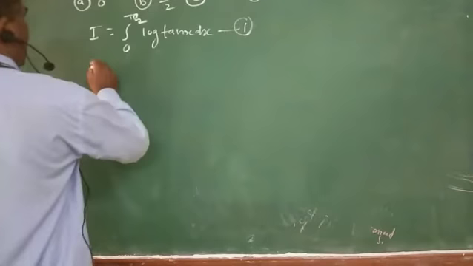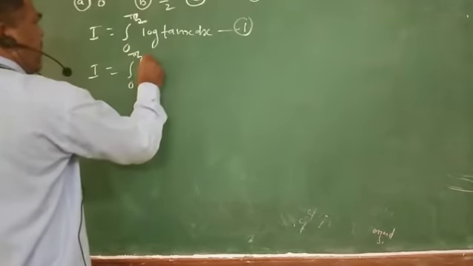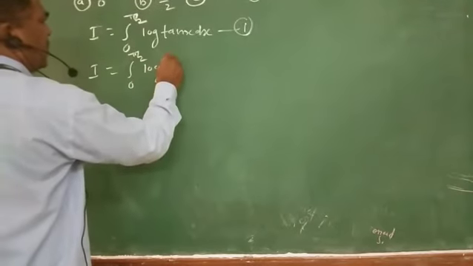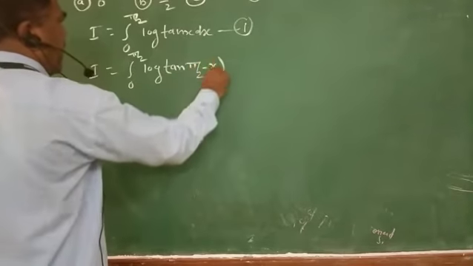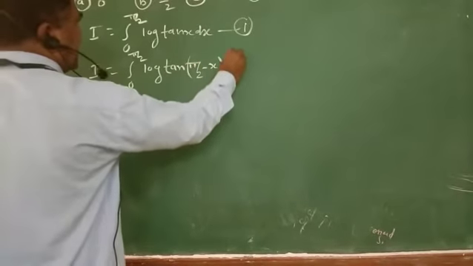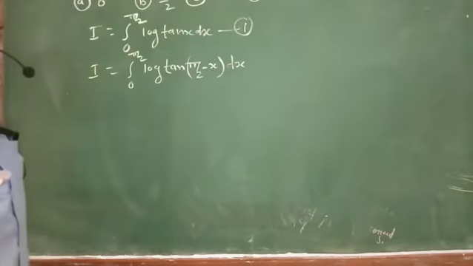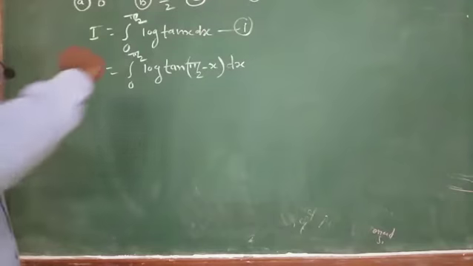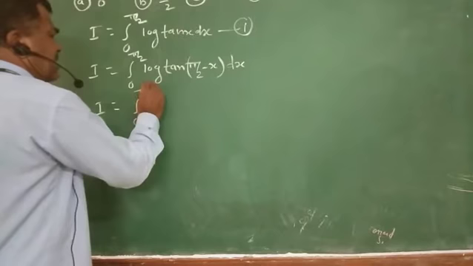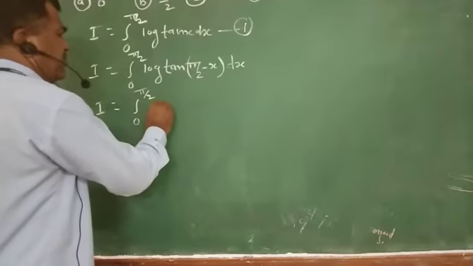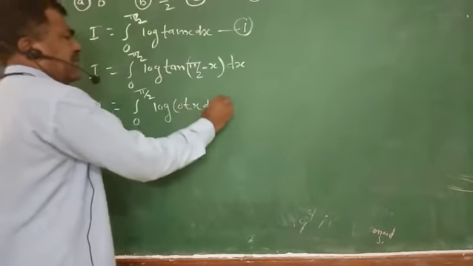Now, I equal to integration 0 to pi by 2 log tan of (pi by 2 minus x) dx. We use the property a minus x, that is I equal to integration 0 to pi by 2 log cot x dx.